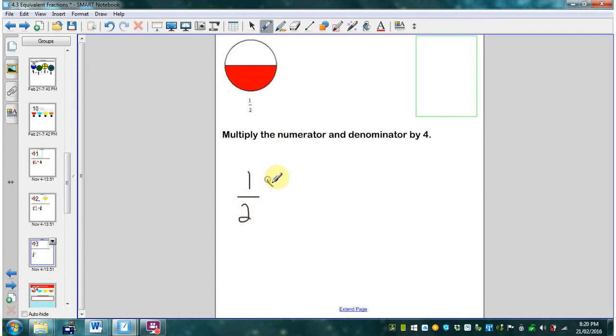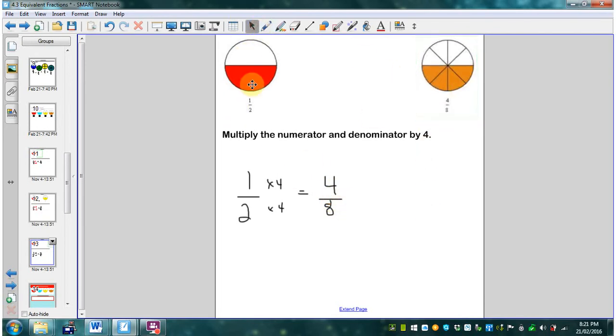Multiply the numerator by 4 and the denominator by 4. And we get 4 over 8. And we see that yes, they are indeed equal because they have the same amount shaded. They're just written a little bit differently. They're divided into more pieces or less pieces. It doesn't matter, but they still have the same amount shaded.